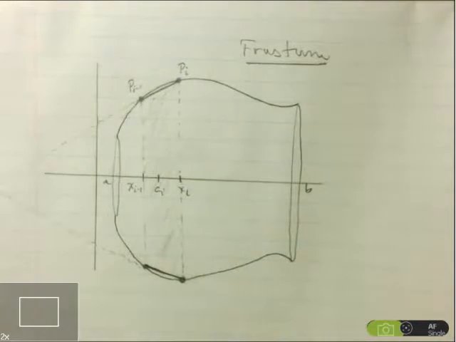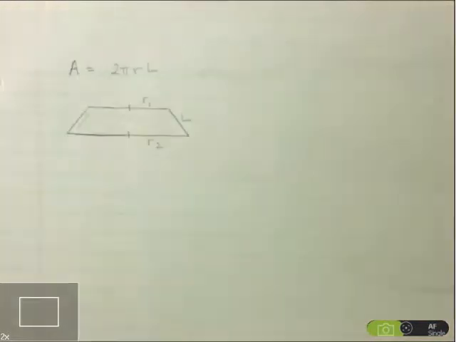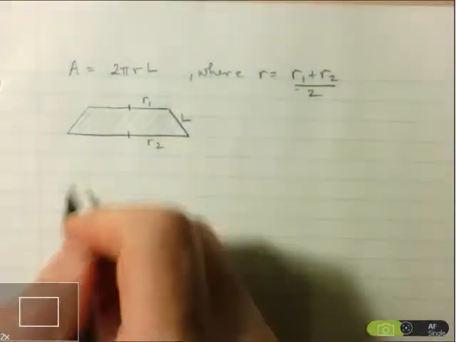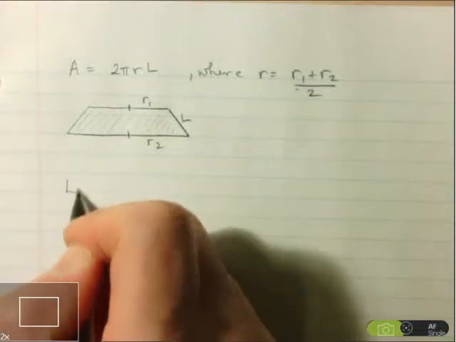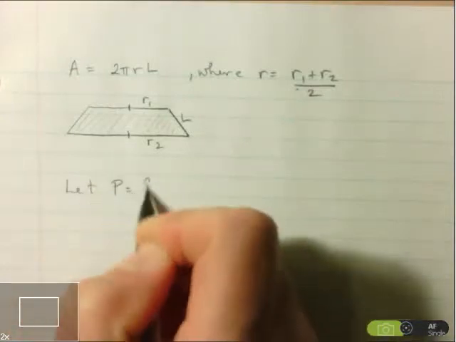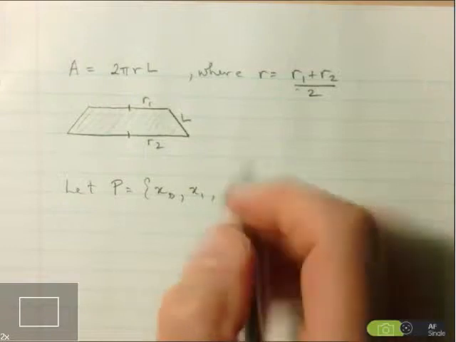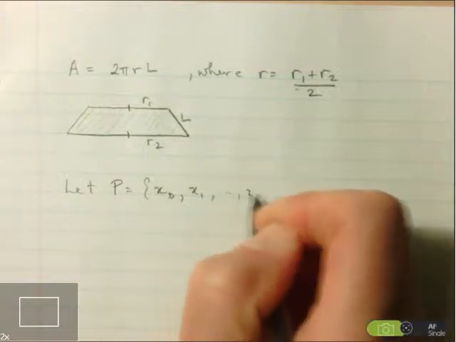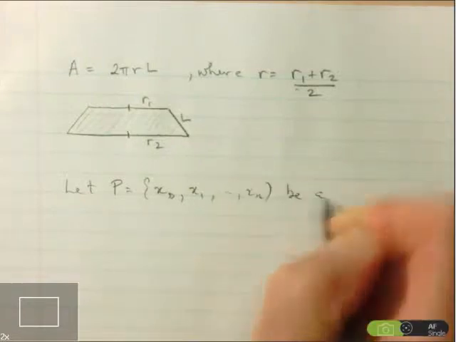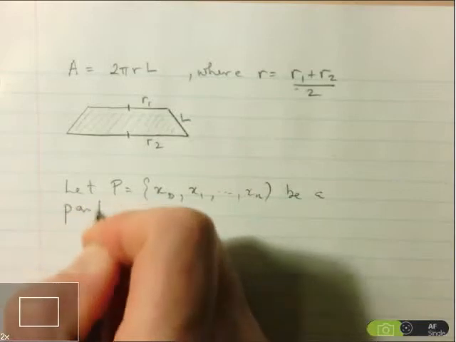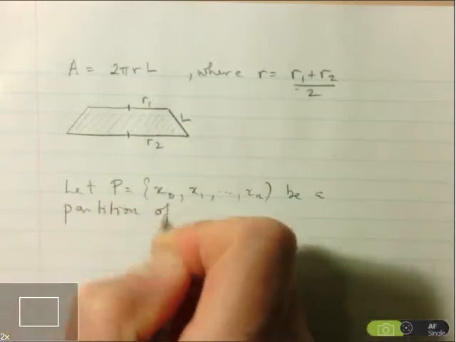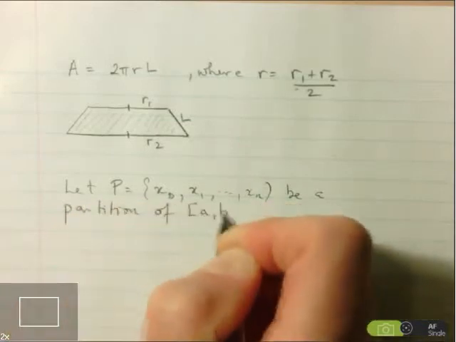So let's start building our Riemann sum, and we're going to start with our usual building blocks. Let P equals x naught, x1, all the way to xn, be a partition of AB.